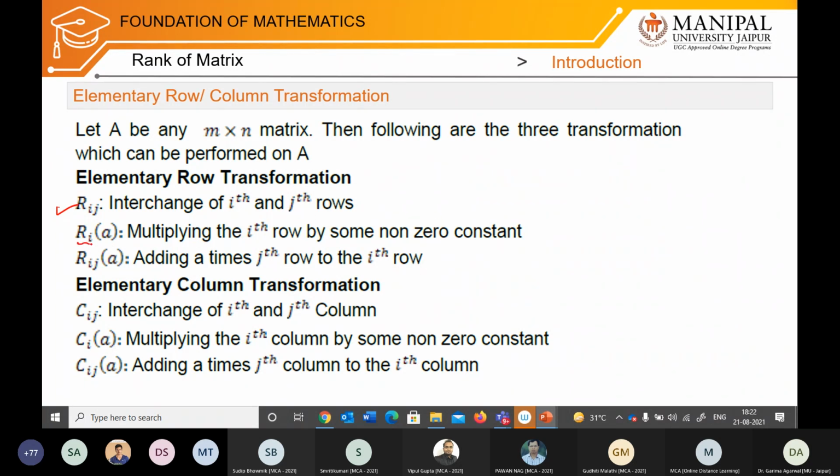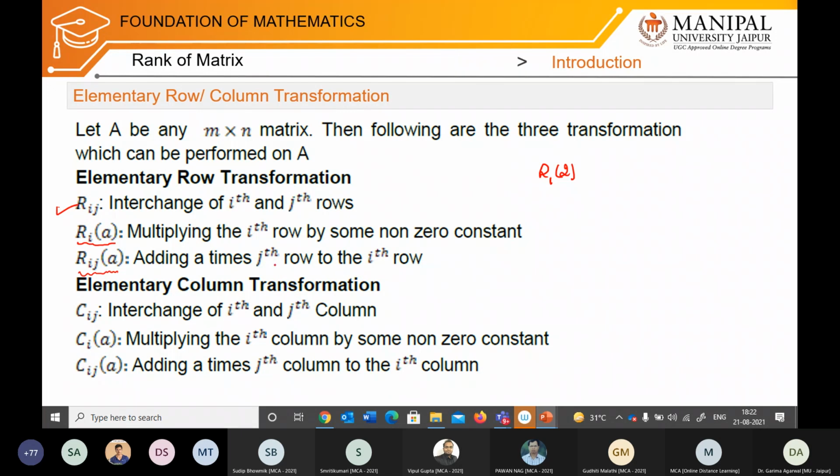Here Ri means any row, like R1 is the first row, and 2R1 means we are multiplying the first row with 2, right? Next is Ri plus a times Rj, adding a times the jth row to the ith row, right?